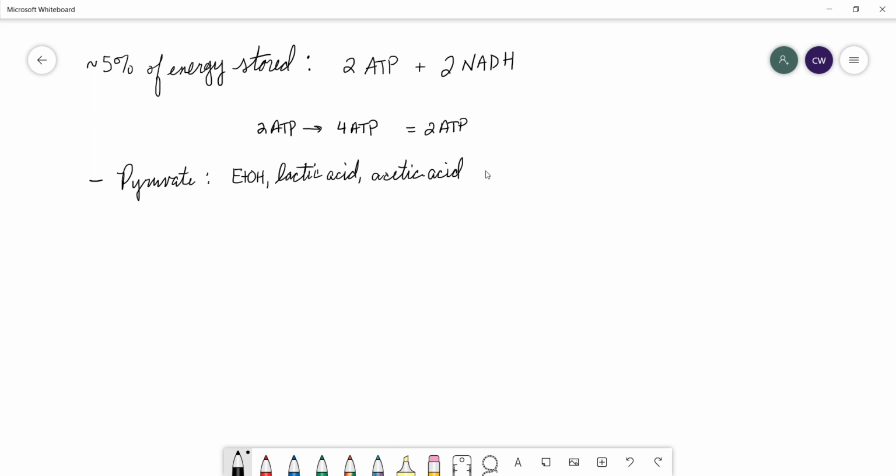We call these processes fermentation. And remember, they are anaerobic. In aerobic metabolism, pyruvate is completely broken down into carbon dioxide and water.